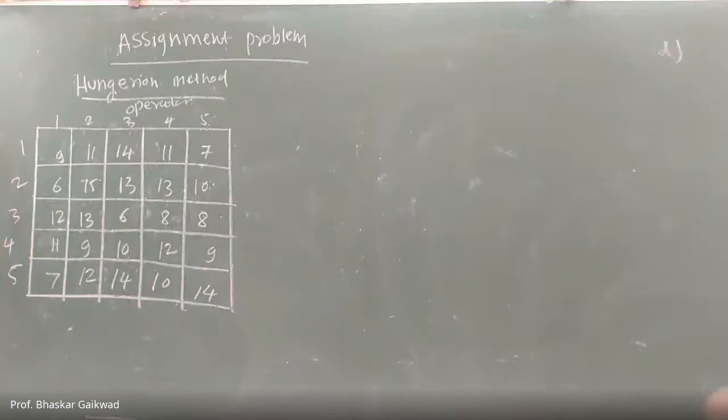Assignment means you have to assign the work to the particular operator to minimize the processing time, and transportation cost means to reduce the cost of transportation. Here we have to reduce the processing time so that each operator we have to assign certain jobs and we have to avoid the processing time. Right.